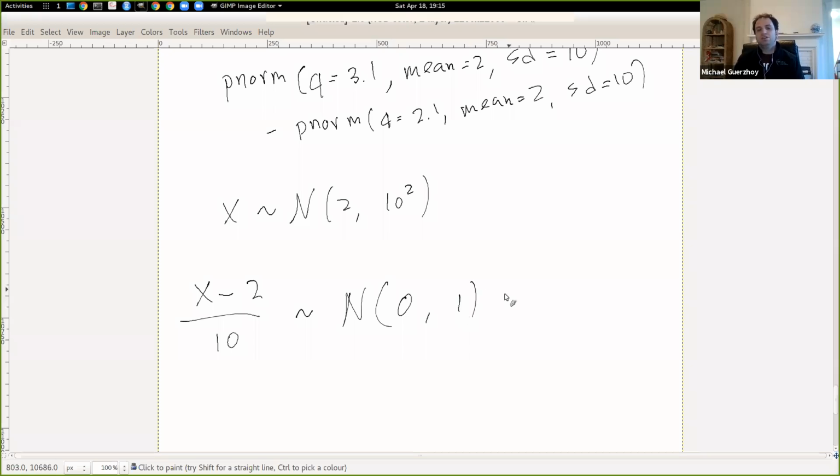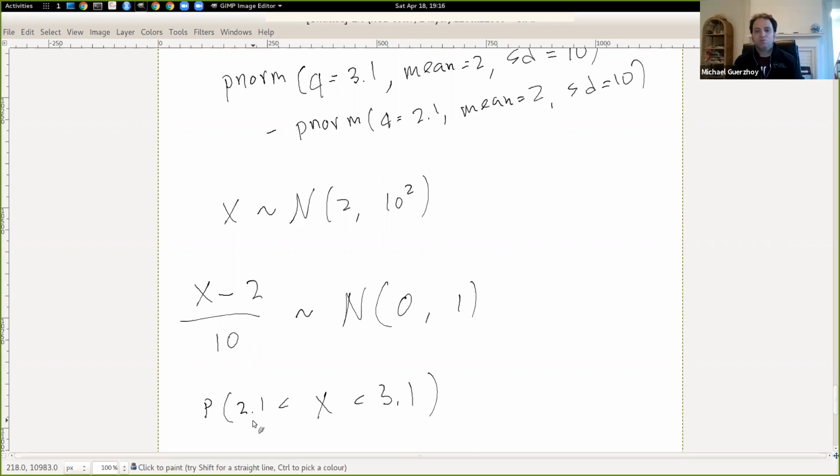So what's the probability of x being smaller than 3.1? That's what we want.